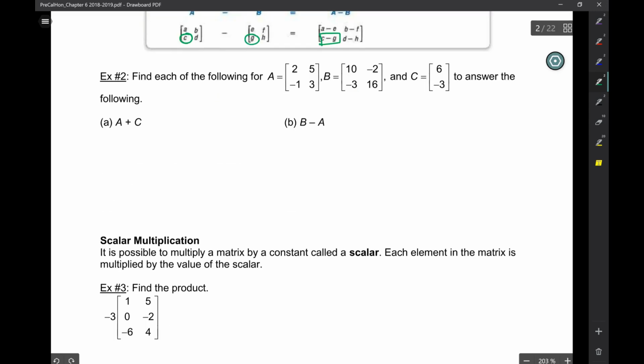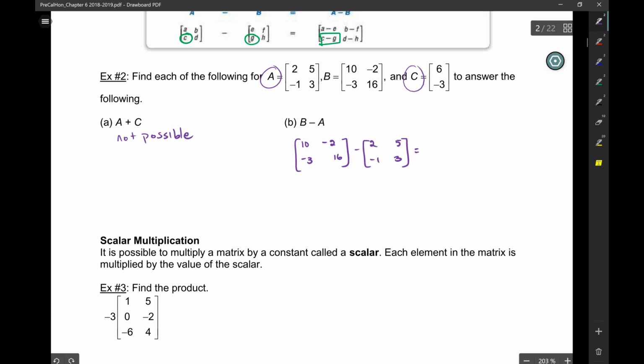Let's do one here. We're going to add A plus C. You can't. Not possible, they don't have the same dimensions. B minus A, though, we could do. So B minus A is this.